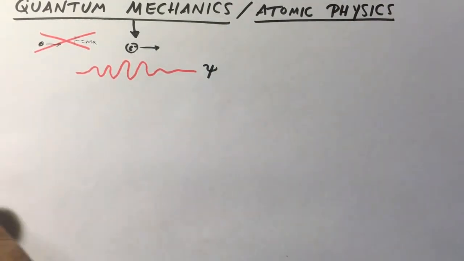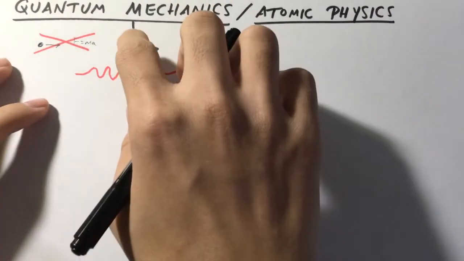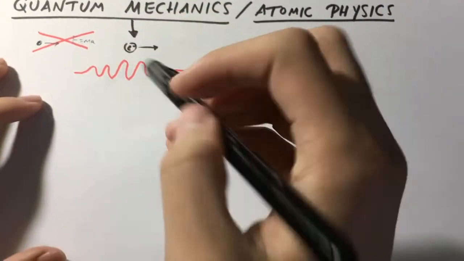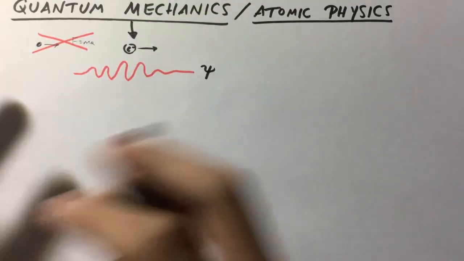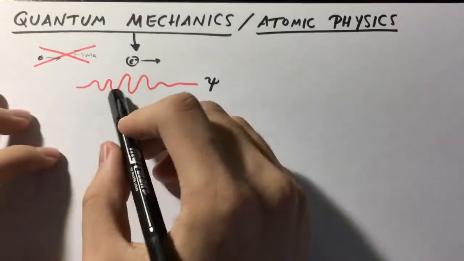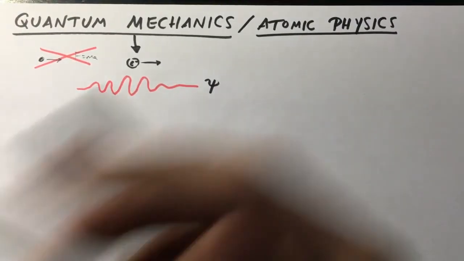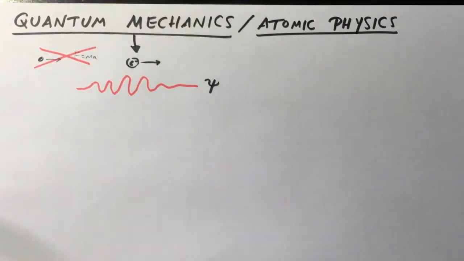And it basically, in theory, describes everything about our molecule or our atom or whatever the thing is we're trying to describe. The information about, for example, its position is all encoded within the wave function, but so is its speed, or more specifically in quantum mechanics, its momentum, things like that.